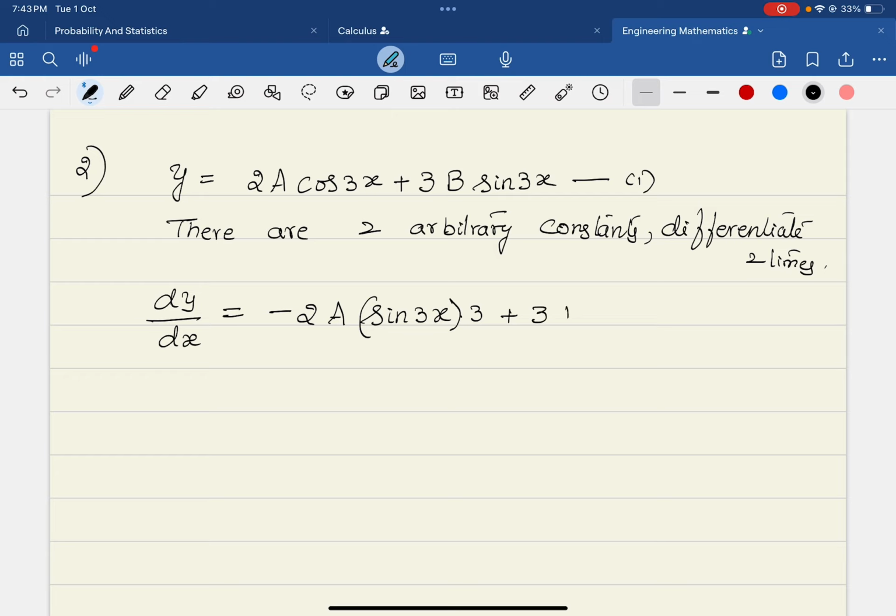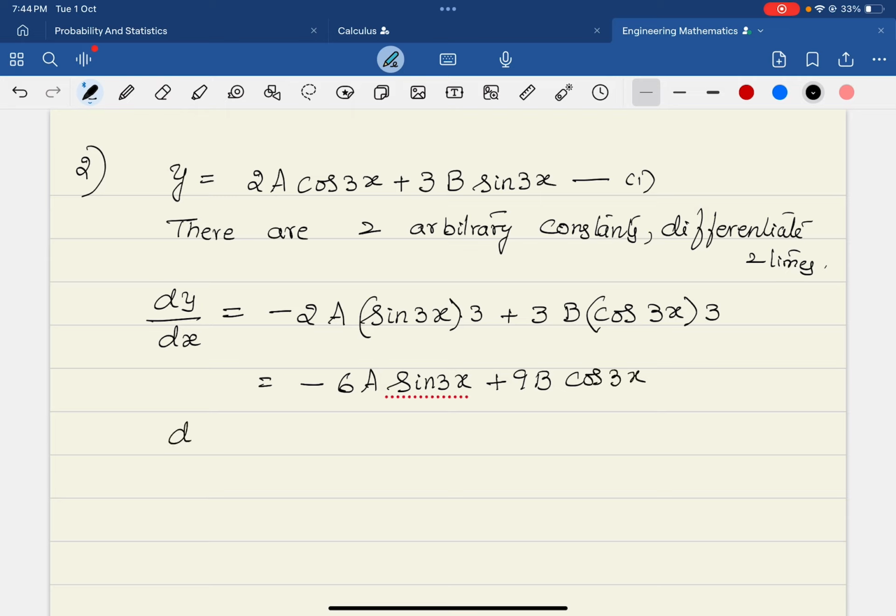Cosine. So it is 3 times of b cosine of 3x again multiplied by 3 because it is the chain rule. Now that gives you what actually? 3 multiplied by 2 is minus 6a times of sine 3x plus 9b times of cosine 3x.